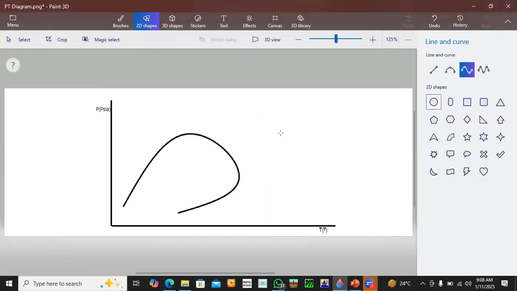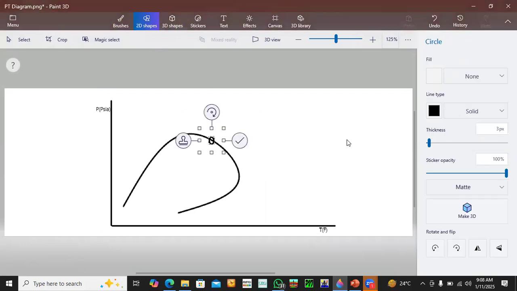Can you see my screen? Yes, we can. We have a critical point here. Yes, sir.